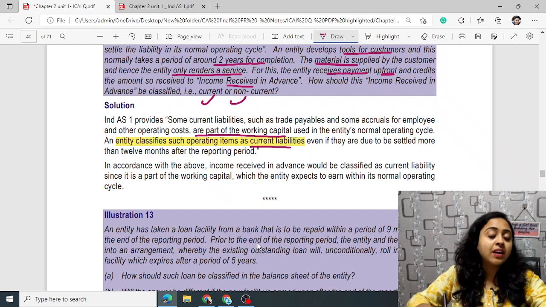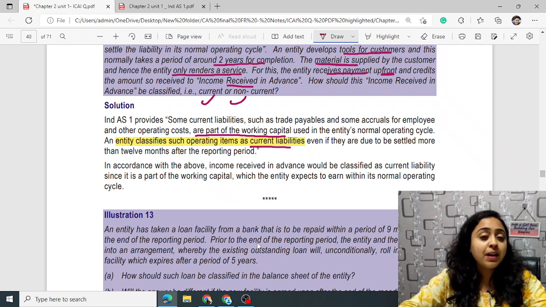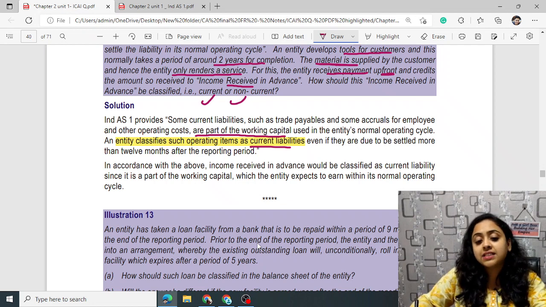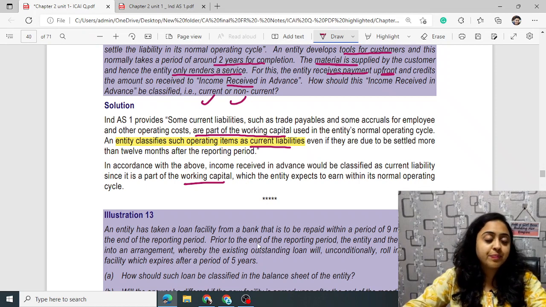Even if they are due after 12 months, but they are used in the normal working capital cycle, normal operating cycle, then they will be considered as current liabilities. In accordance with the above, income received in advance would be classified as a current liability since it is a part of working capital, which the entity expects to earn within its normal operating cycle, okay.